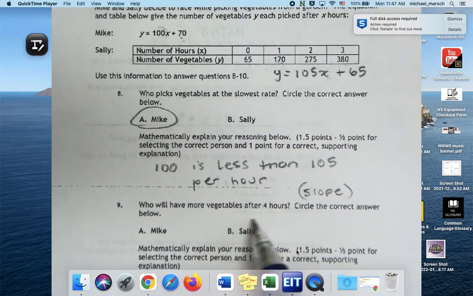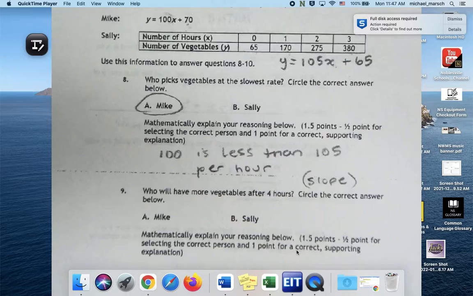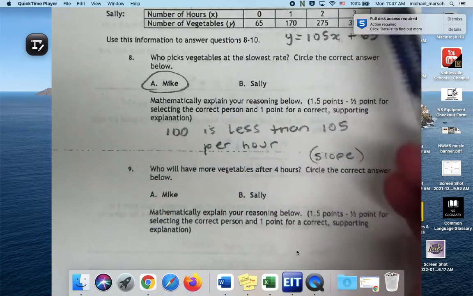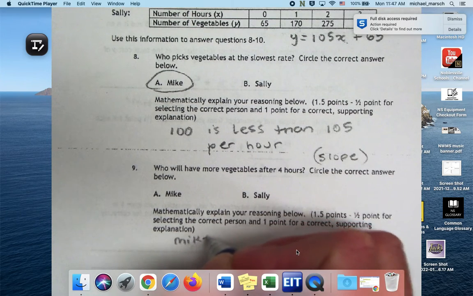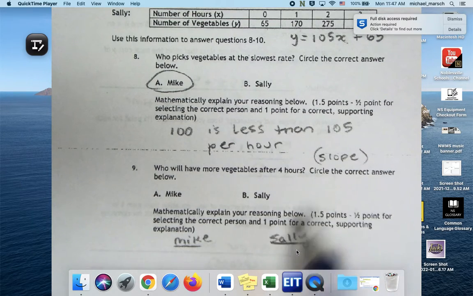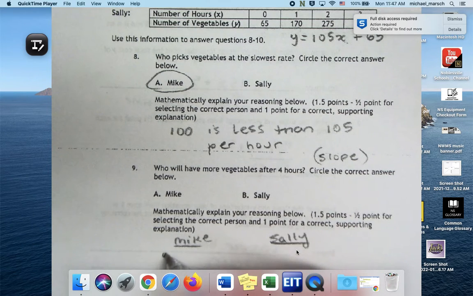Who will have more vegetables after 4 hours? Sally. How do you know? Because she picks faster. Okay, but she started out with less. So how can I prove it mathematically? Yep, I have to put 4 in for x for both equations.